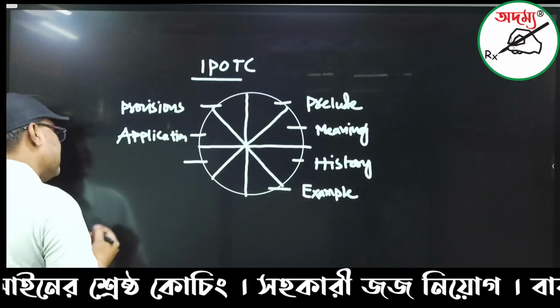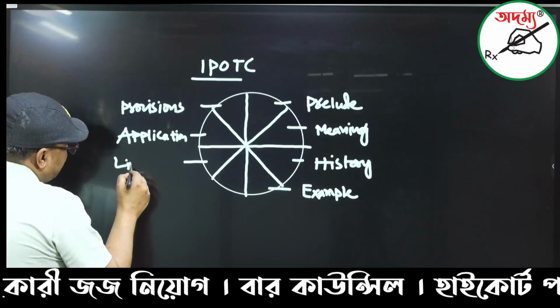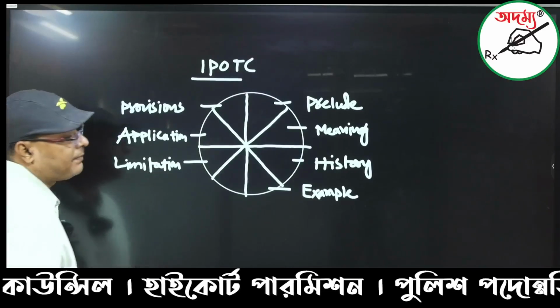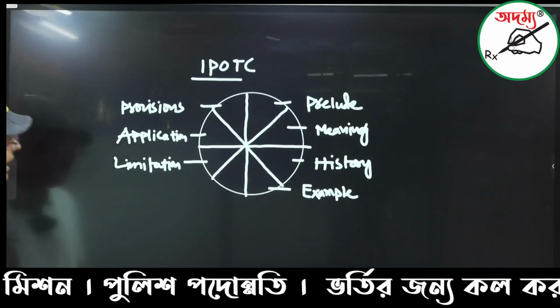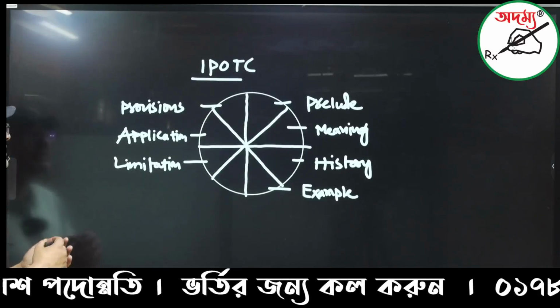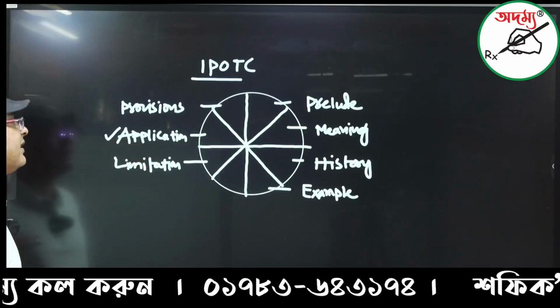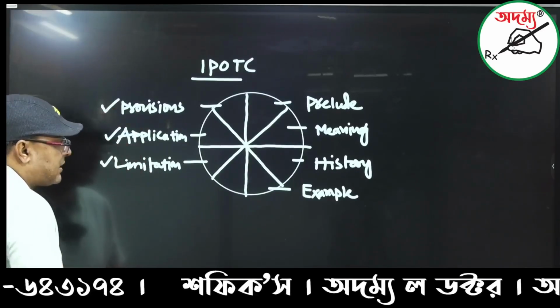And not only that, this is the limitation of this power. When this power is not exercised before the code of law, that should be focused here under the ambit of limitation. And on what points exactly it should be exercised, that can be discussed here, an application of the inherent power, and the limitation and provisions of laws.